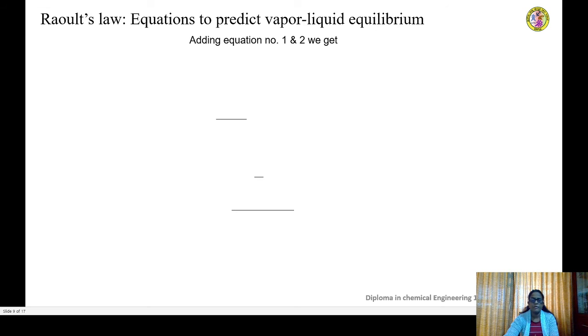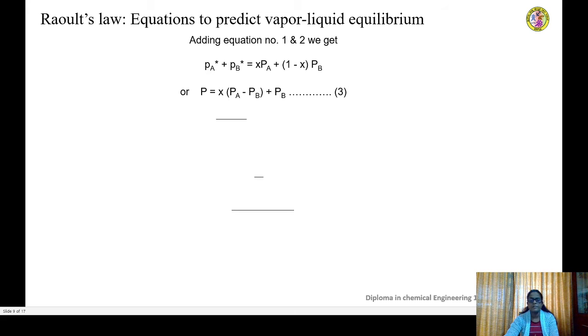So adding equation number 1 and 2, we get PA star plus PB star equals x PA plus 1 minus x into capital PB. We know that the sum of partial pressures of a given mixture will be equal to the total pressure of the system. So PA star plus PB star equals capital P, that equals x PA plus PB minus x PB.